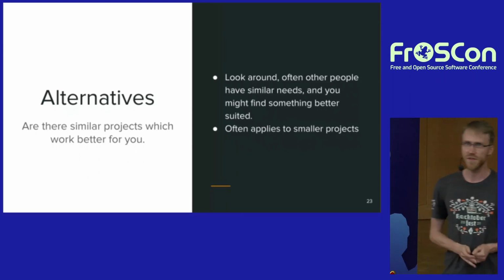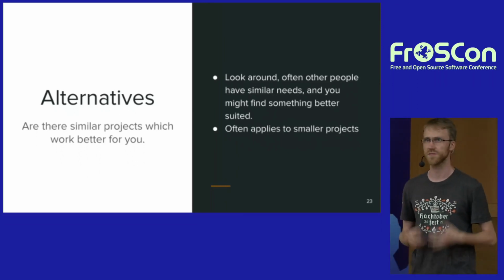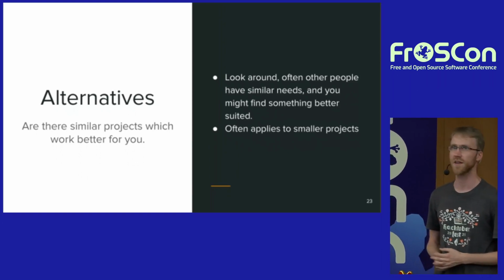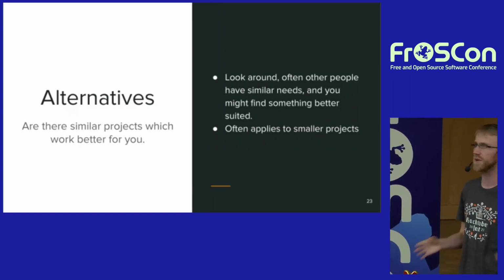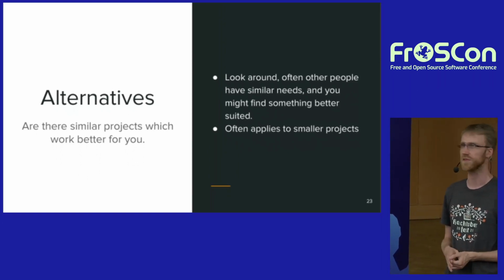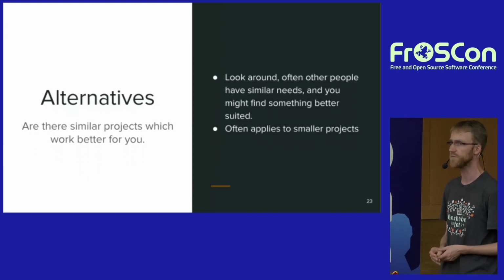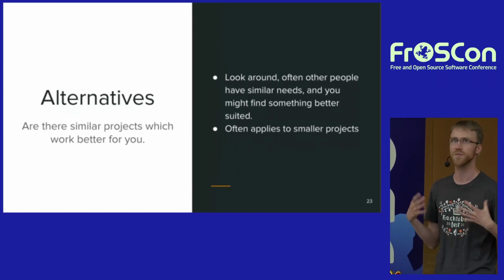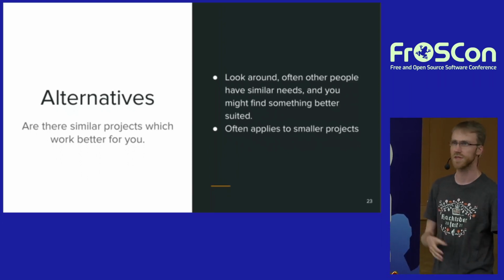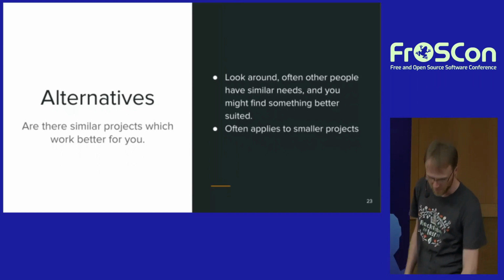Often, if you have a specific use case, someone else in the world also has this same specific use case. Not always, but often. And so, especially when it comes to infrastructure tools and things like that, it may already be that there is an alternative out there, and you can take a look at that and not maintain your custom patches. So just something to keep in mind. If people tell you that this is urgent, we need to get this in, at least ask yourself if there is an alternative.